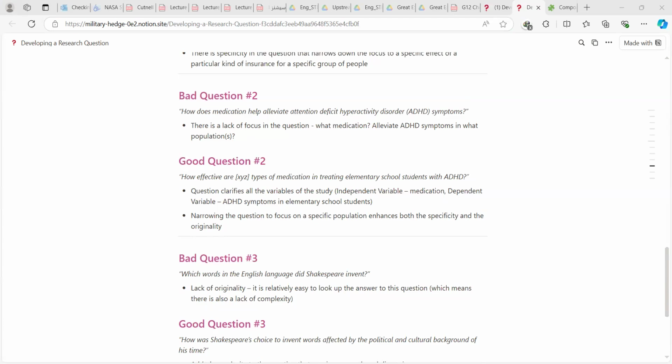The deadline is before the next session, after a week. No one will enter the next session without having their research question. Please send it to me on WhatsApp before the next session to revise it.